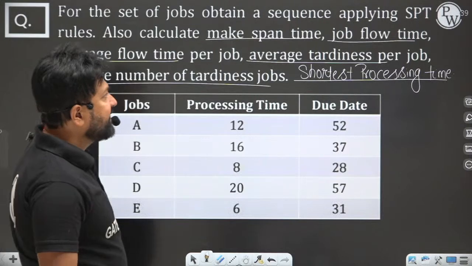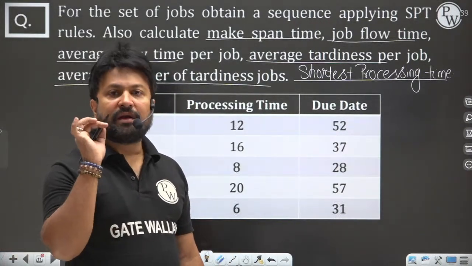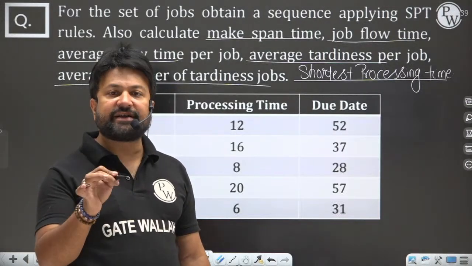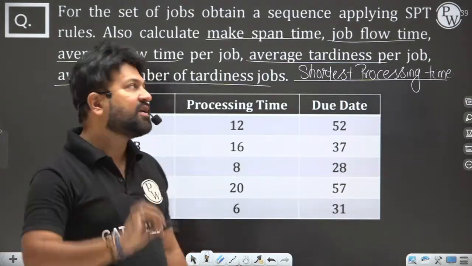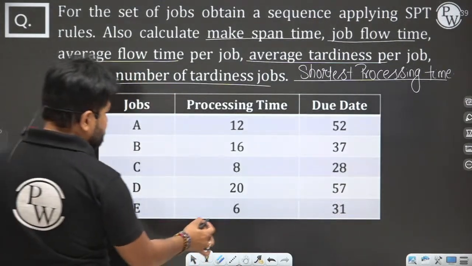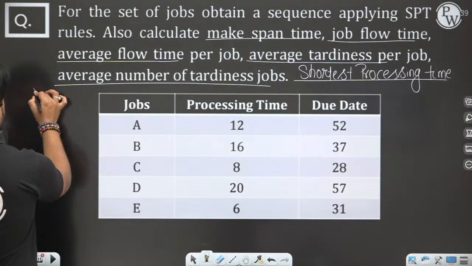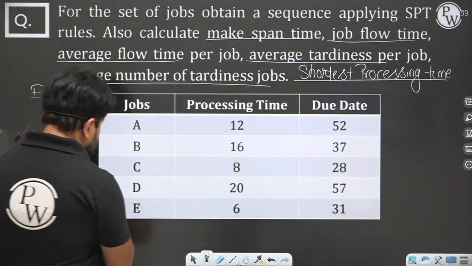According to SPT, a job which has the shortest processing time is arranged first. Now, which job has the shortest processing time? Among them, E. So E will go first for the processing.